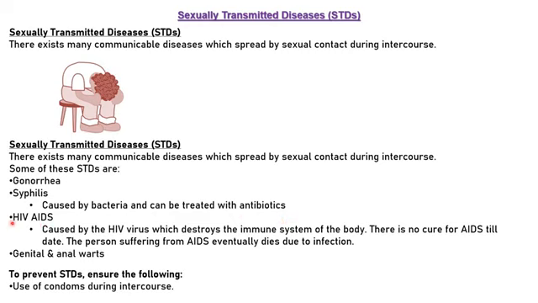But very important from the point of view of the exam is AIDS. Now what is the full form of AIDS? Acquired immunodeficiency syndrome. This is caused by the virus, human immunodeficiency virus. This HIV virus destroys the human immune system. The word itself says that it destroys the immune system of the body.